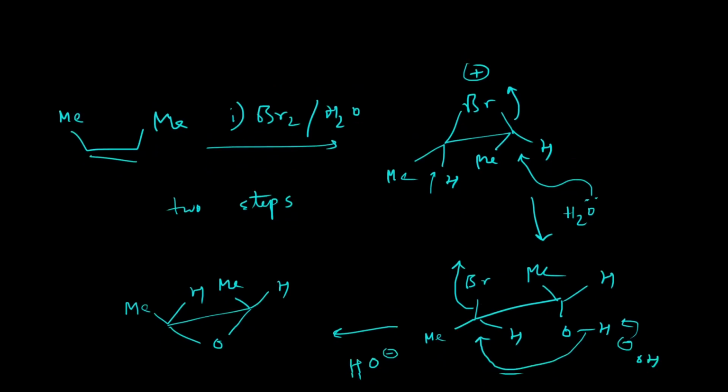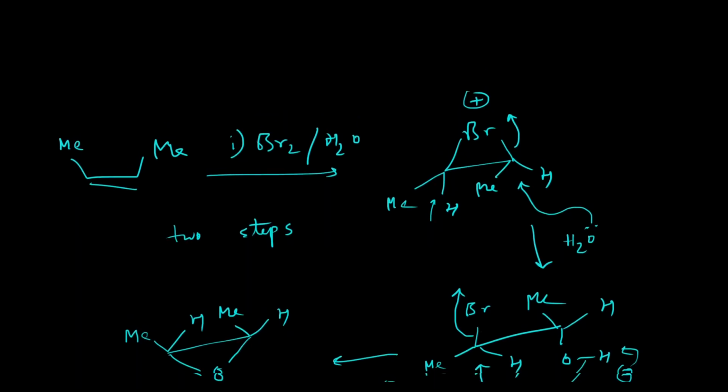So these two epoxidations are for the electron-rich alkenes. Now we will consider the epoxidation of electron-poor systems. Suppose we have this alkene.